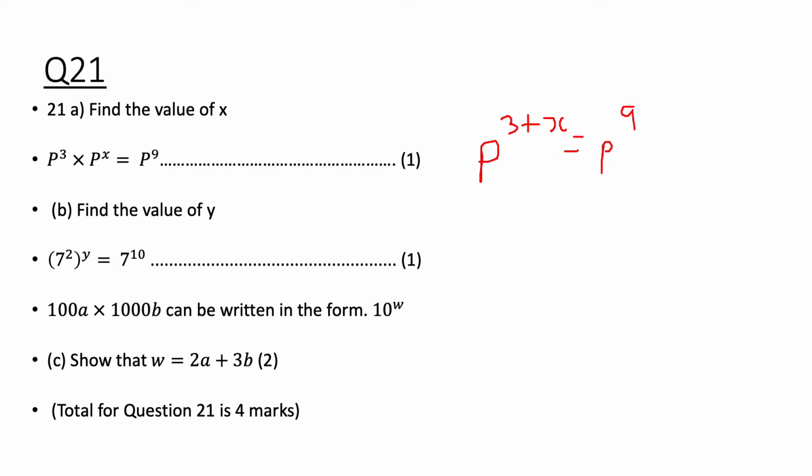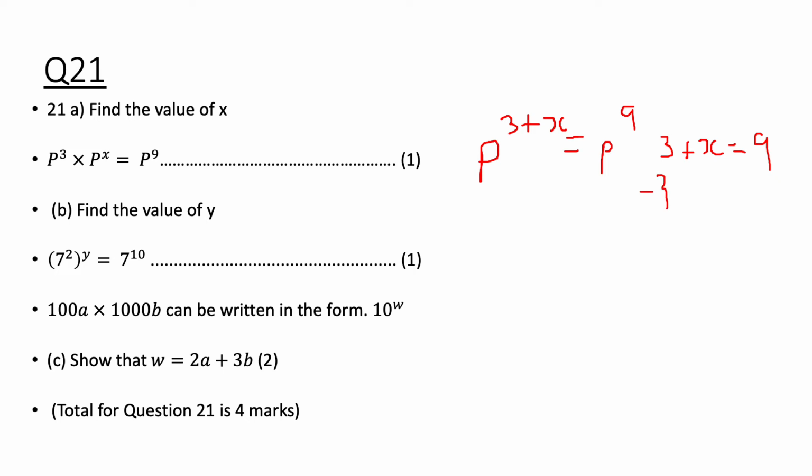Now, when I compare the powers of p, I'm going to get 3 plus x equals 9. Okay? So this is only true if, and only if, we are comparing the powers of p, because we are saying that p to the 3 plus x equals p to the 9. So that must imply that 3 plus x has to equal 9.